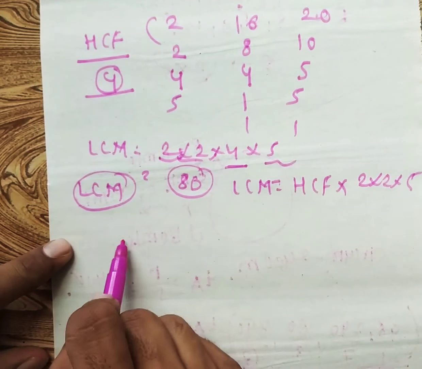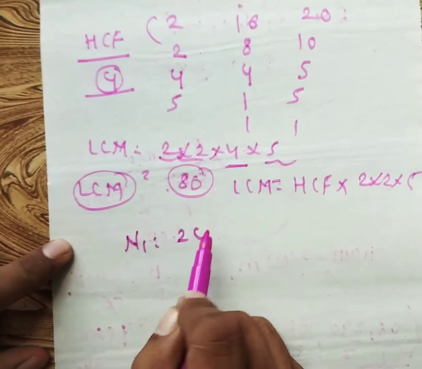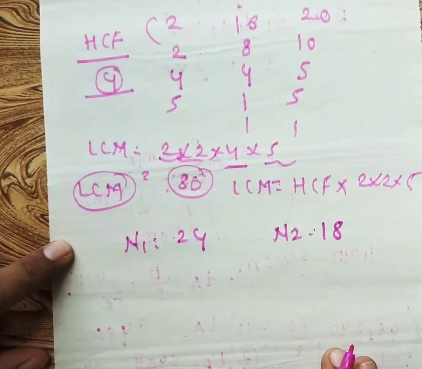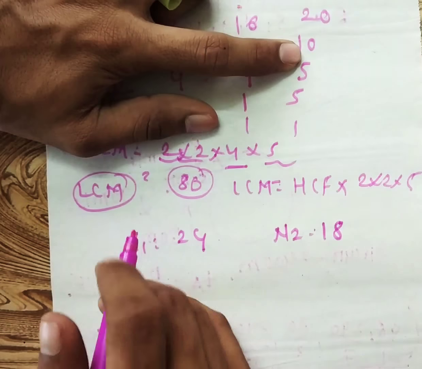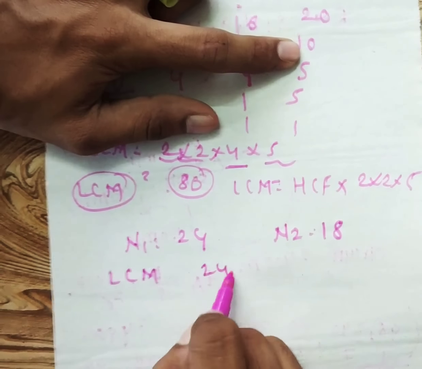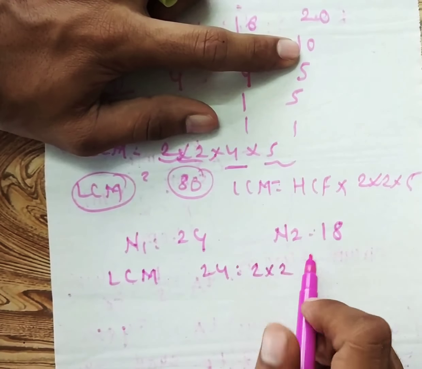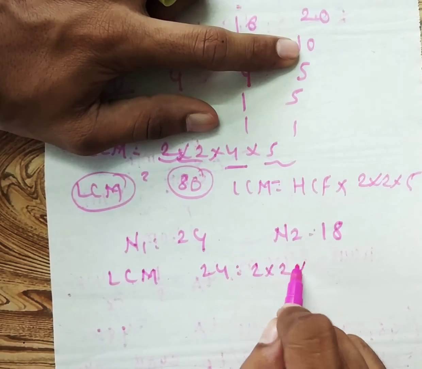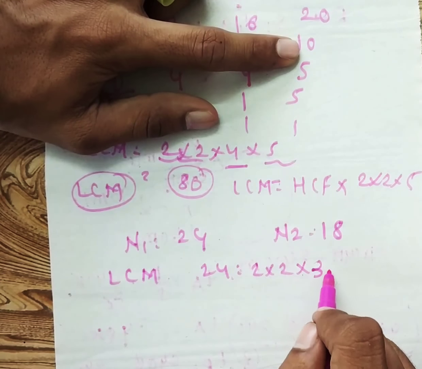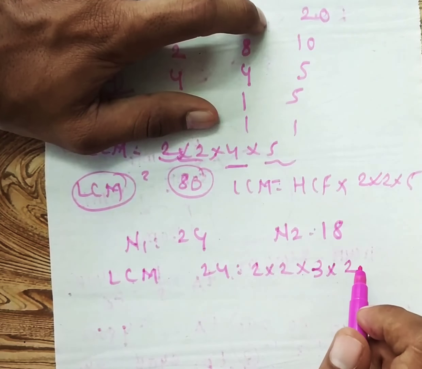Say there are two numbers, 24 and 18. Now let's see. For 24: 2 twos are 4, 3 fours are 12, 2 twelves are 24.